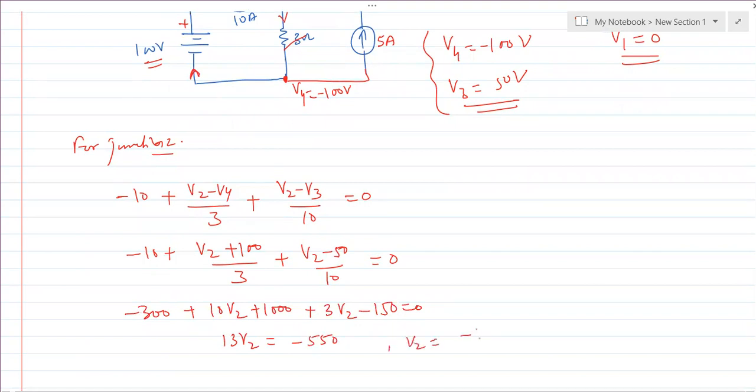Or V2 will be -550 upon 13, which will give you minus 42.307 volt, right? So we have got V2.